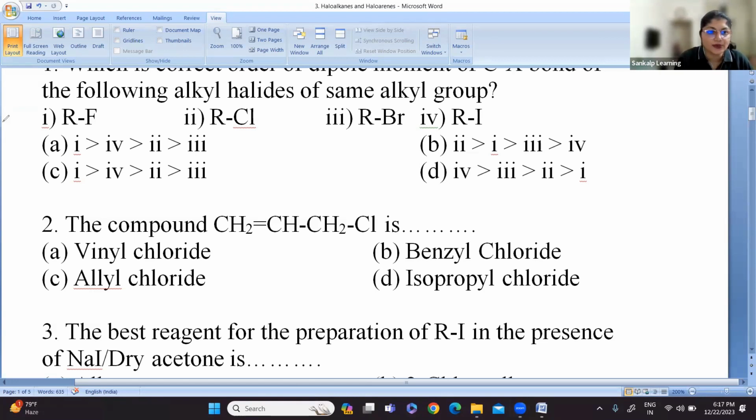So I'll explain to you the meaning of each term. What do you mean by vinyl chloride? Yes, students, what do you mean by vinyl chlorides?